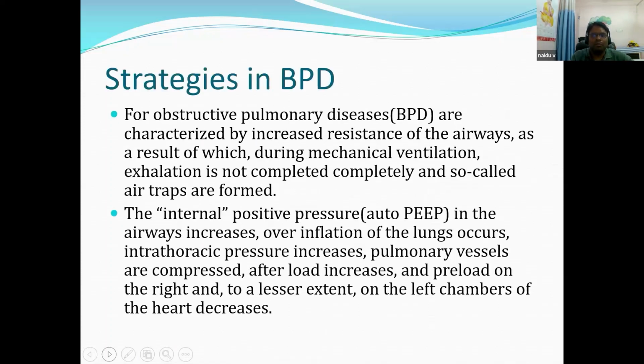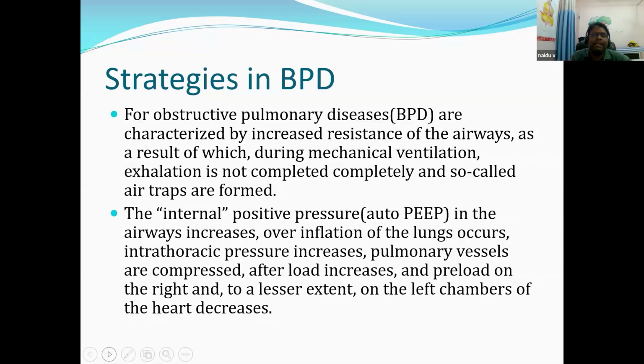In obstructive pulmonary disorders like BPD, which is characterized by increased airway resistance, expiration is not completed during mechanical ventilation, so auto-PEEP will occur. In auto-PEEP, overinflation of the lungs occurs, intrathoracic pressure increases, and pulmonary vessels are compromised.